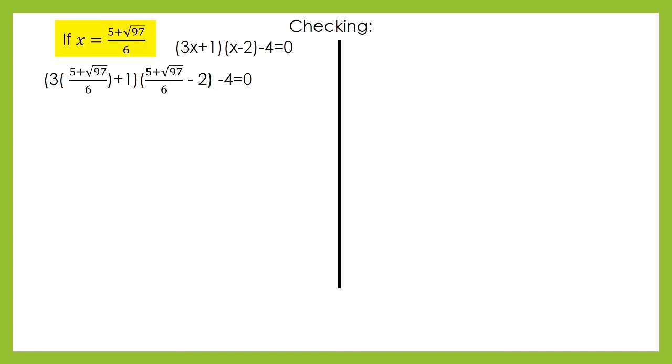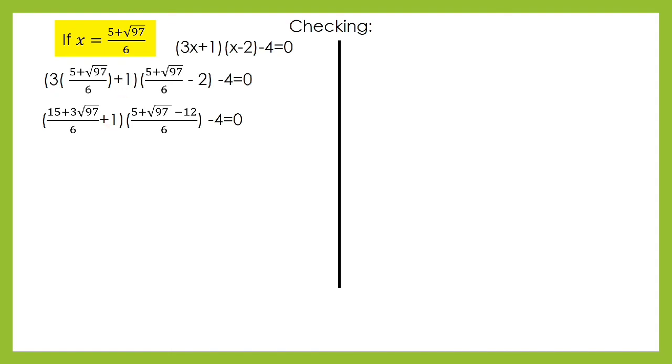Let's first solve what is inside the parenthesis. Okay. So, we now have 3. We multiply here. Okay. So, 3 times 5 is 15. 3 times square root of 97 is 3 square root of 97. And then we copy the denominator all over 6 plus 1.